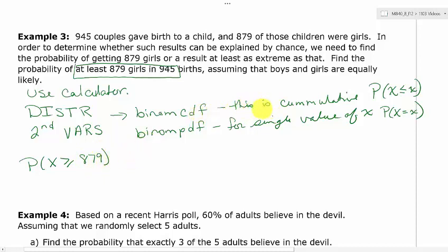But the calculator will only compute less than or equal to. So you need to change this. We want to use the complement. So it's going to be 1 minus the probability that we're less than 879, and because these are distinct values, that would be x is less than or equal to 878.